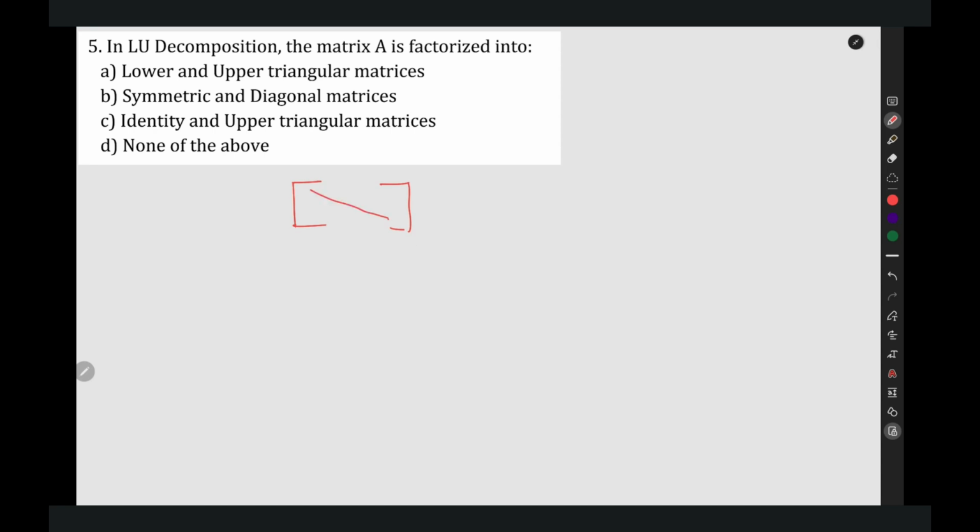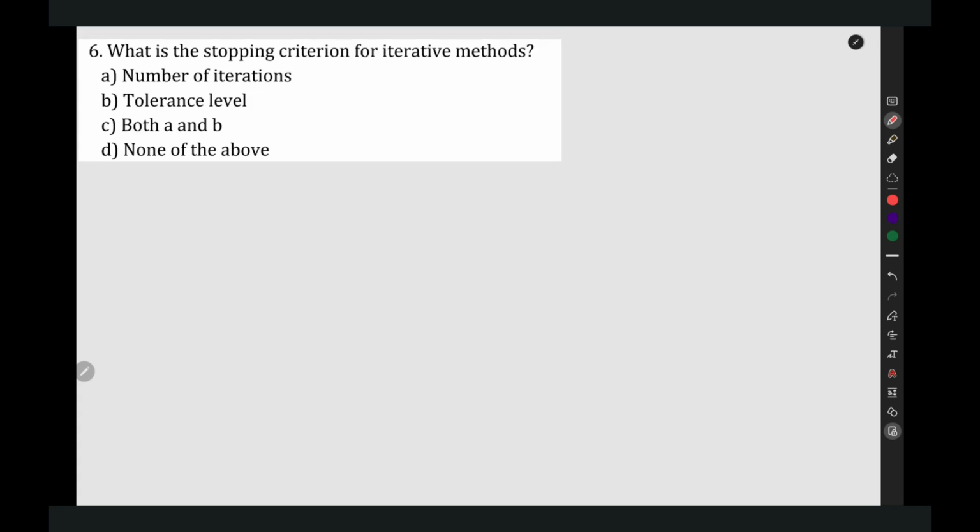We factorize through the diagonal as lower and upper matrix. So option A is correct for this question. What is the stopping criteria for iterative methods? We know that this is a way to find an approximate solution.